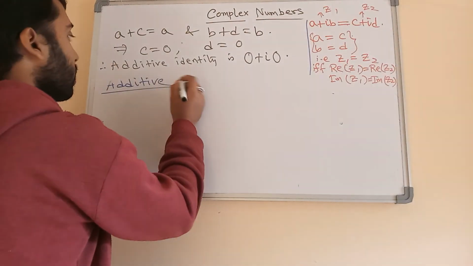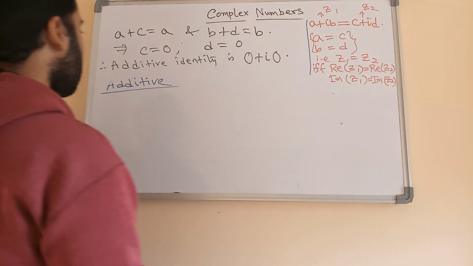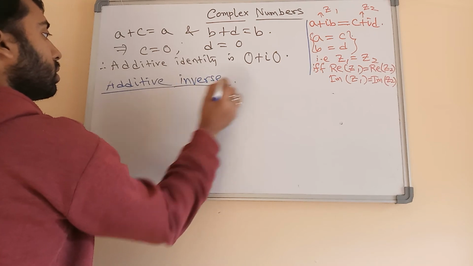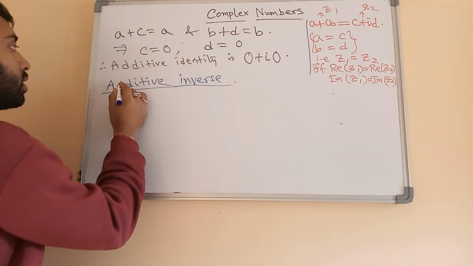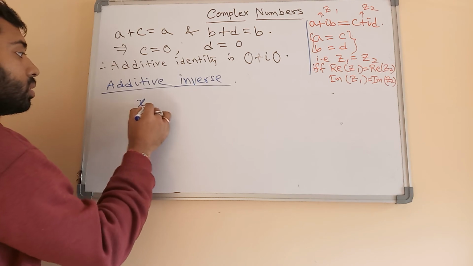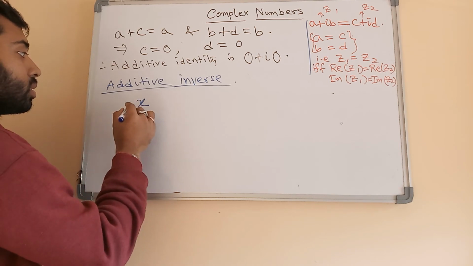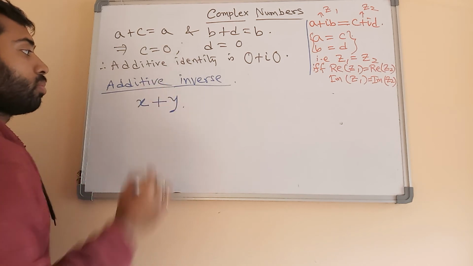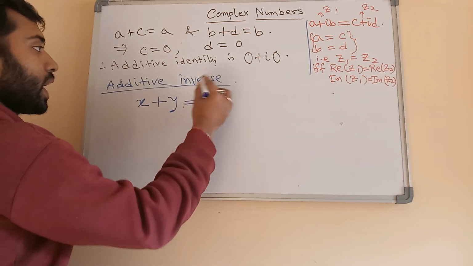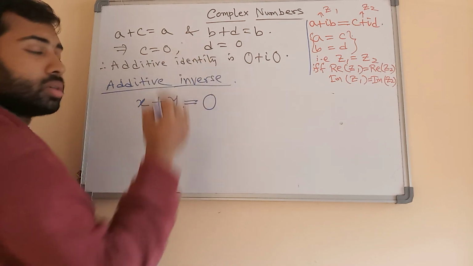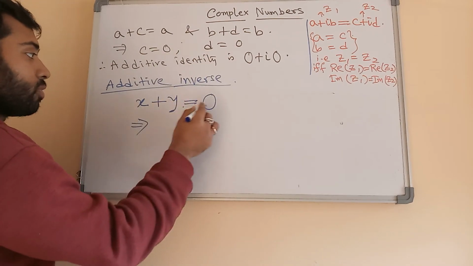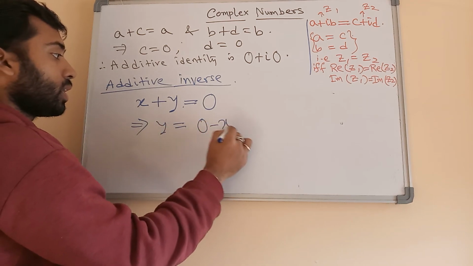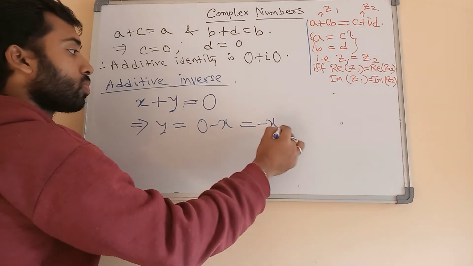So if any number x is given and we have to add another number y to get the additive identity, that means 0, we can easily say that the value of y will be 0 minus x, which equals minus x.